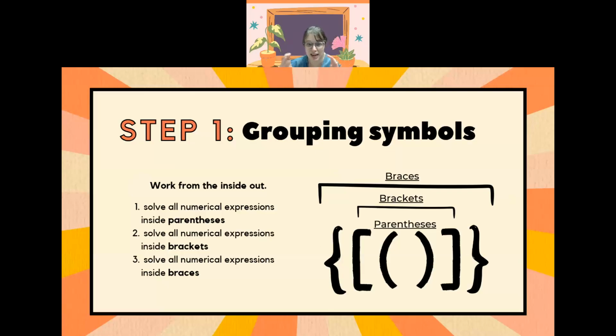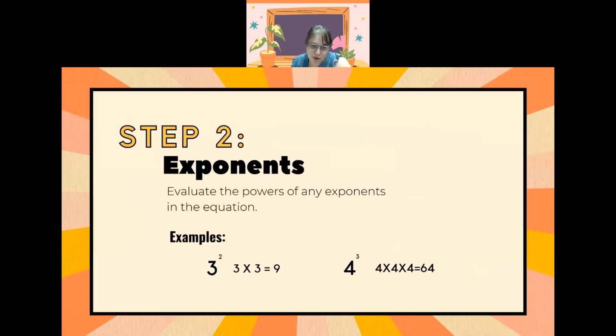If a parentheses has addition in it, you do that first, because it's grouped first. Then solve all numerical expressions inside the brackets, then those inside the braces. Typically you do parentheses first, then brackets, and braces are last as far as grouping symbols go.